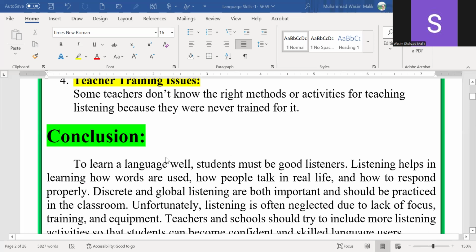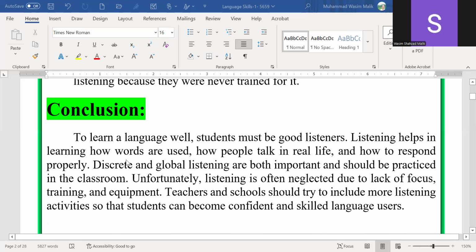So let's conclude this topic. To learn a language well, students must be good listeners. Somebody said that listening leads to speaking. If you are a good listener, you will be a good speaker. If you're not a good listener, you can never be a good speaker. So, for proper speaking, you must be able to listen properly.